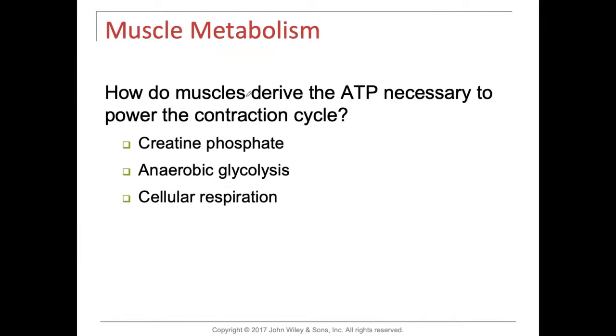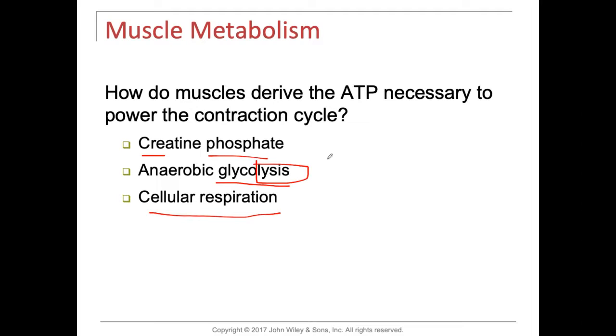So let's take a look at this muscle metabolism, right? We already mentioned creatine phosphate before. We have anaerobic glycolysis, and we have cellular respiration. Cellular respiration is the Krebs cycle. Anaerobic glycolysis means glycolysis.